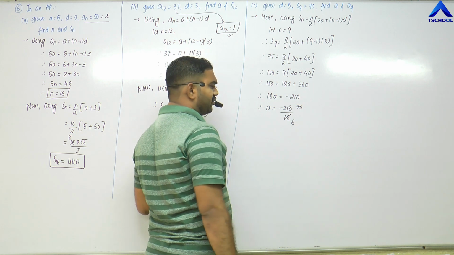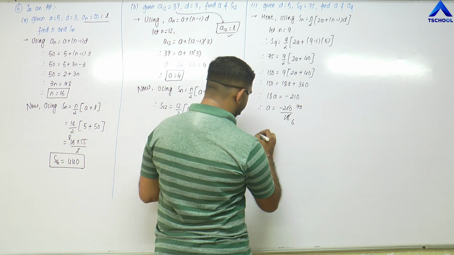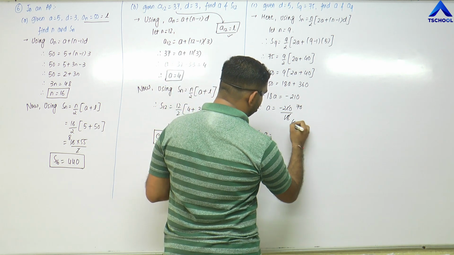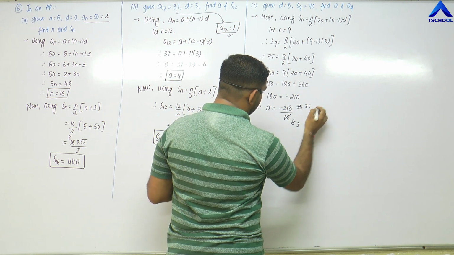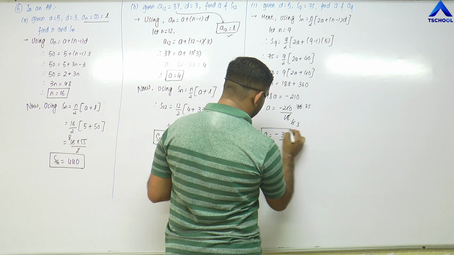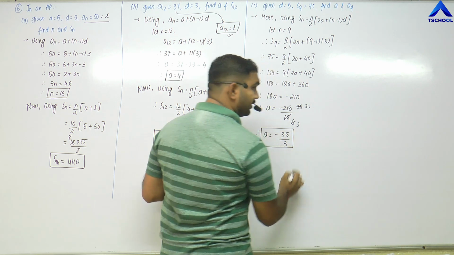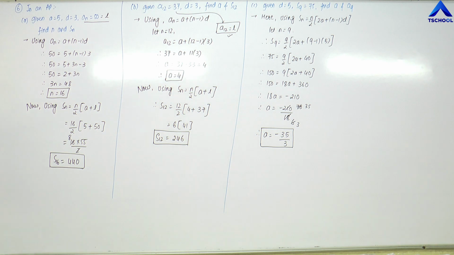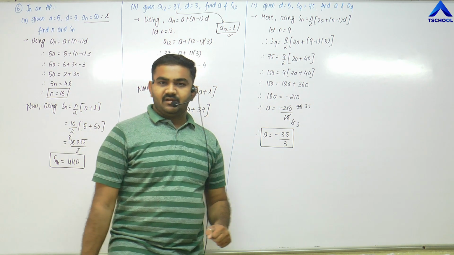Again you can cancel it out by 2, 35. Therefore, a equals minus 35 by 3. So we got the value of A.